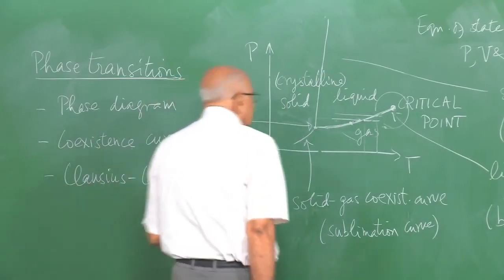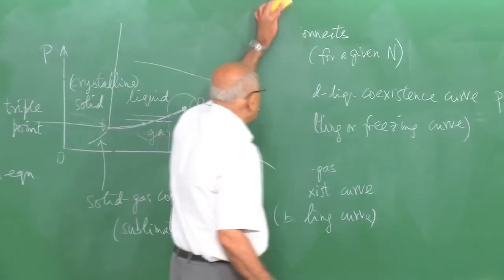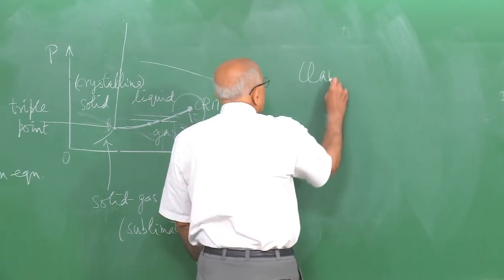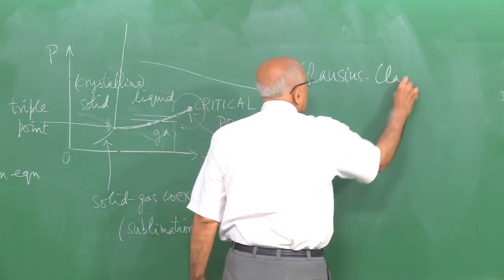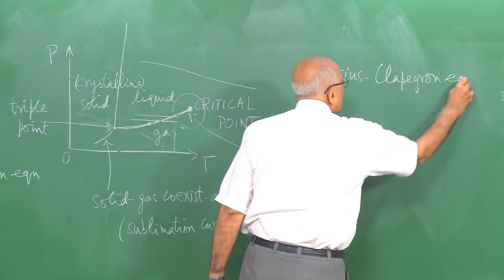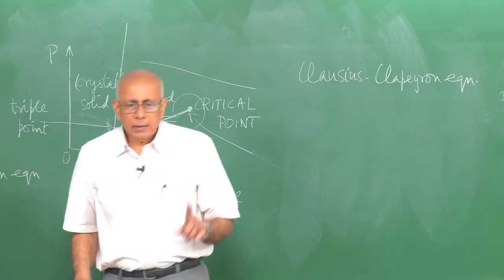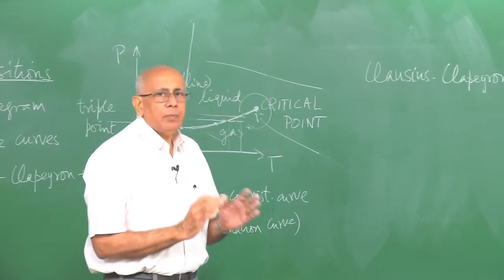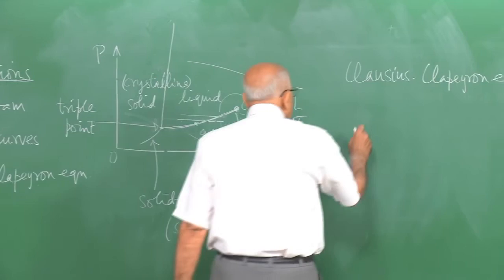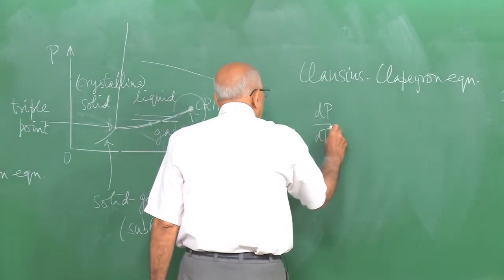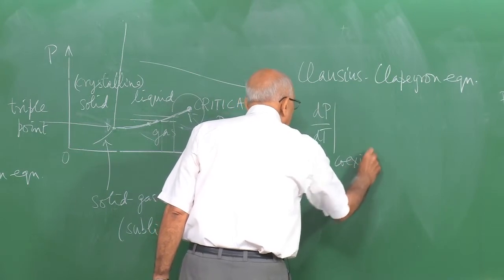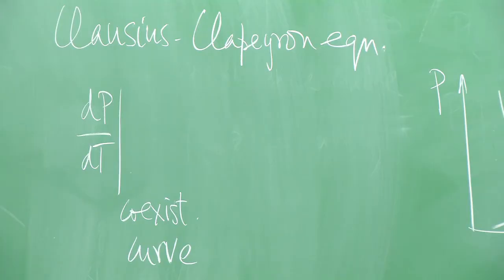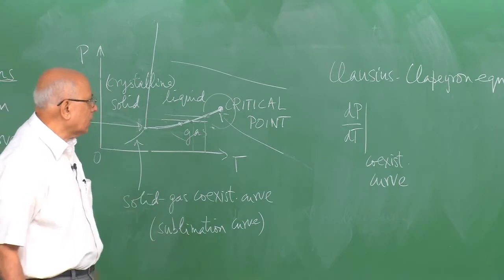Now in elementary treatments you are used to the statement that the Clausius-Clapeyron equation gives you the rate of change of the boiling point with pressure or the freezing point of a substance with pressure, and it basically reads in the elementary way of writing it dP over dT on the coexistence curve, either the solid liquid or the liquid gas coexistence curve.